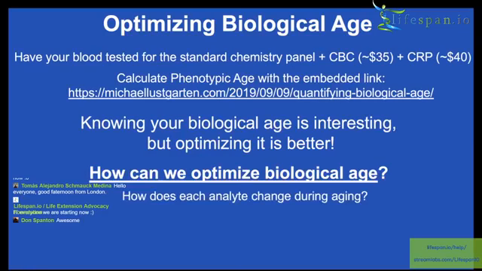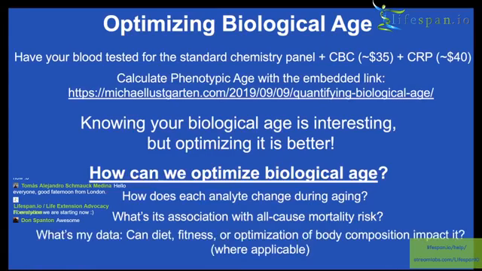How does each analyte change during aging? What's its association with risk of death from all causes? And then, what's my data? I'm going to show some of my data where applicable. Can diet, fitness, or optimization of body composition impact it? For the last part of this, I could have used large epidemiological studies to say, in this study of 10,000 people, this has been shown to reduce albumin.